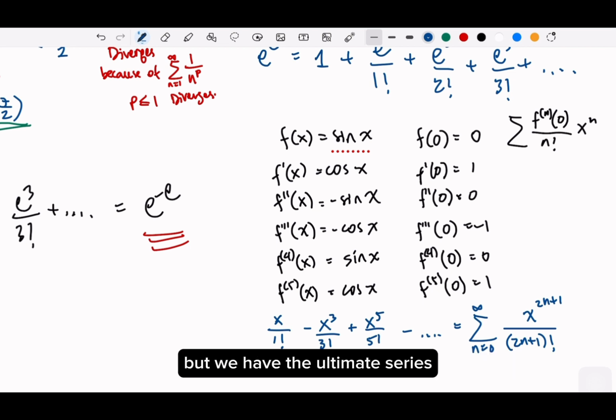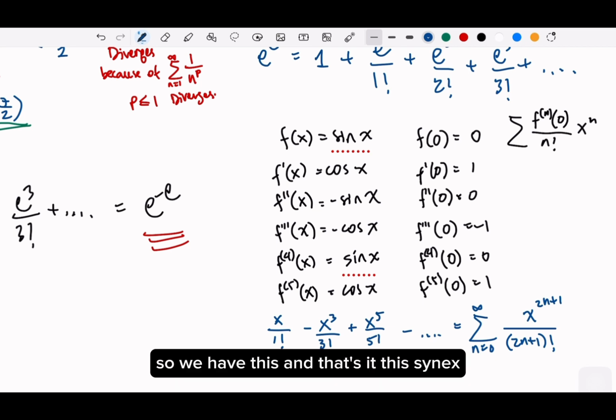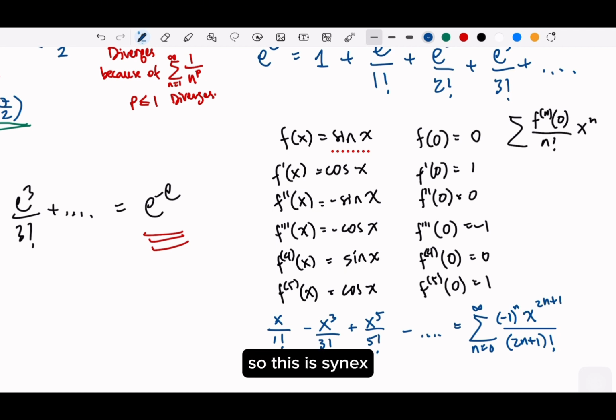But we have the alternating series. So we have this, and that's it, this is sine x.